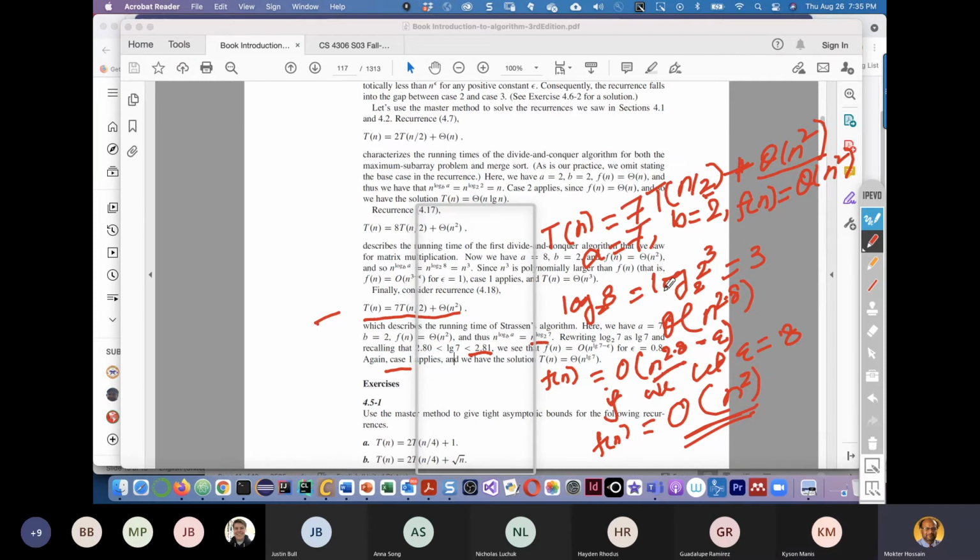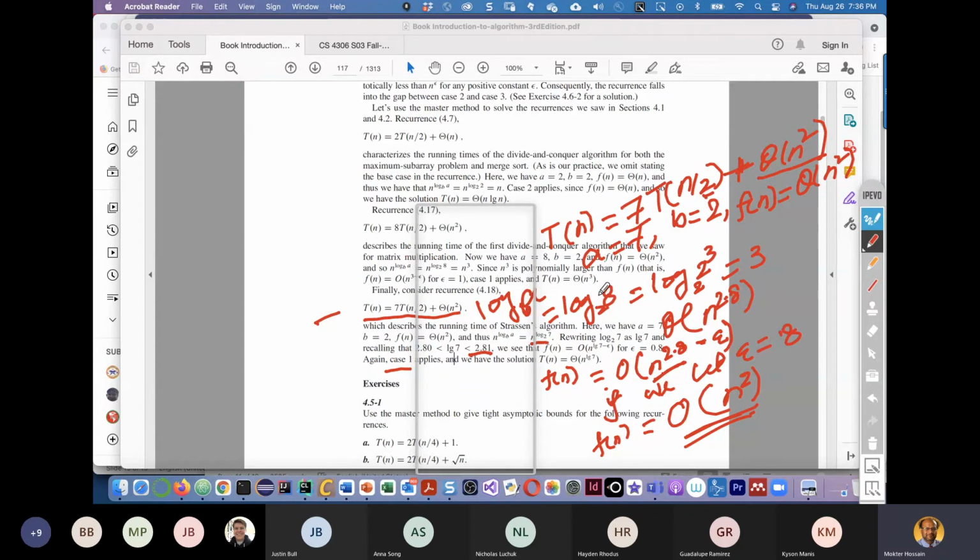Then we calculated log of a with base b.